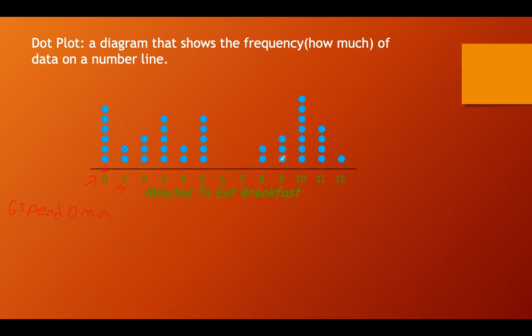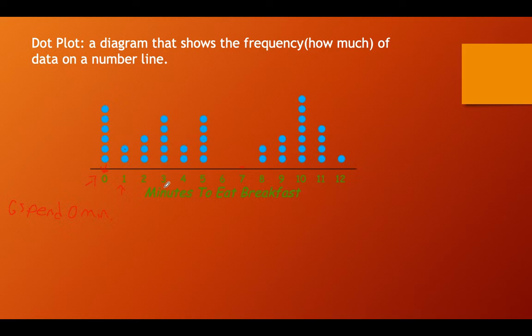Then 2 spend 8, 2 spend 9. We got 7 that spend 10, 4 that spend 11, and 1 that spends 12. So that's basically what a dot plot is. These dots represent how many people, or how many times, this value occurs. At 3, these many dots is how many times a student chose 3, for instance.